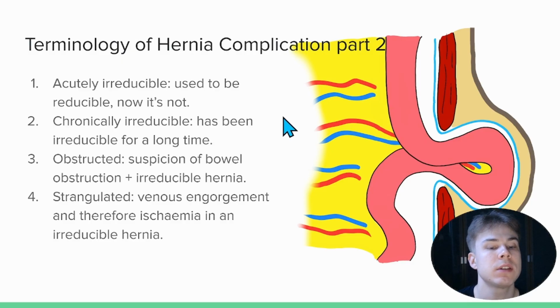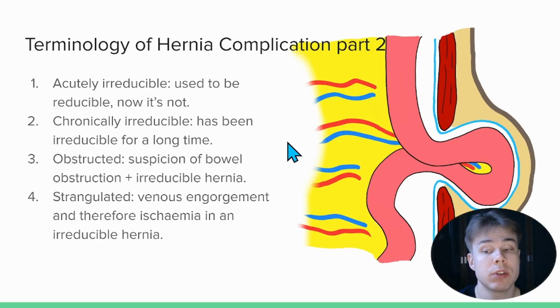Strangulated means that there is venous engorgement, so venous occlusion and engorgement of the veins, and basically venous ischemia. So what would happen is, if the pressure here in the defect is so high that it's pinching also the veins, and veins are pinched before arteries because veins are a lower pressure system, then what happens is you get blood coming in through the arteries, no blood coming out, and you get massive venous congestion here, and that can actually cause ischemia of the contents of the bowel.